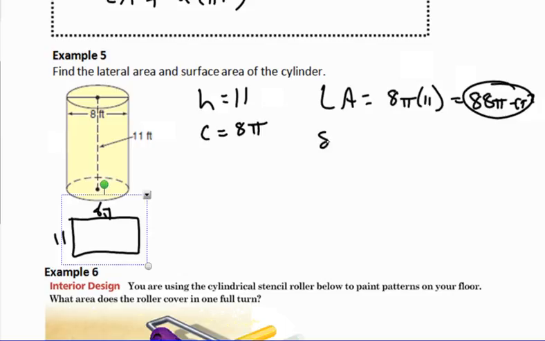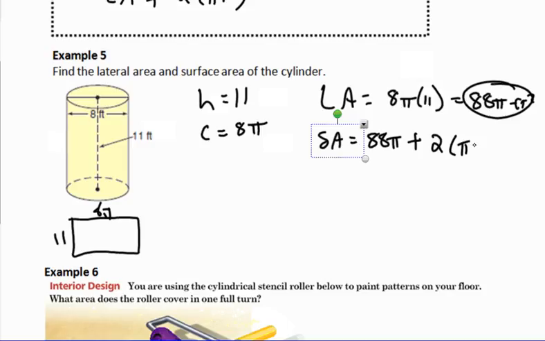The surface area then would be that lateral area, so the 88 pi plus 2 times whatever the area of the base is. And the base we find by pi r squared, so it would be pi times 4 squared, which is 16.